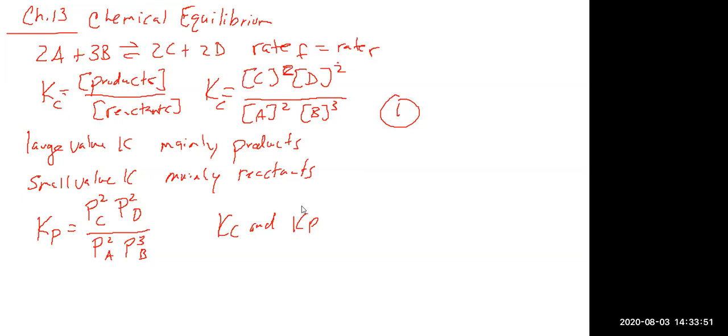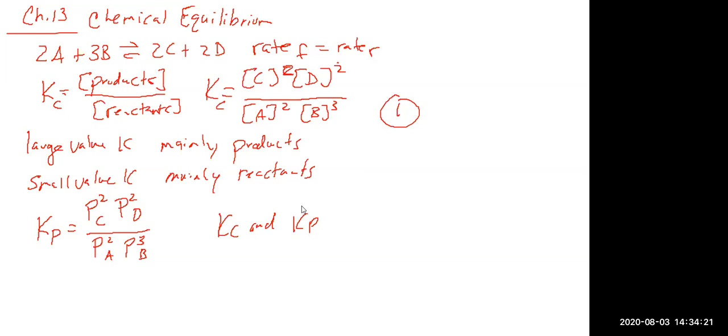So if we had a large value for Kp, that would mean that we would mainly have a lot of products at equilibrium, and most likely we would also have a lot of gas molecules at equilibrium, causing the pressure to occur. If we had a small value of Kp, that would mean we'd mainly have reactants at equilibrium, and again, more probably gas molecules on the reactant side, and thus also causing most of the pressure associated with it.